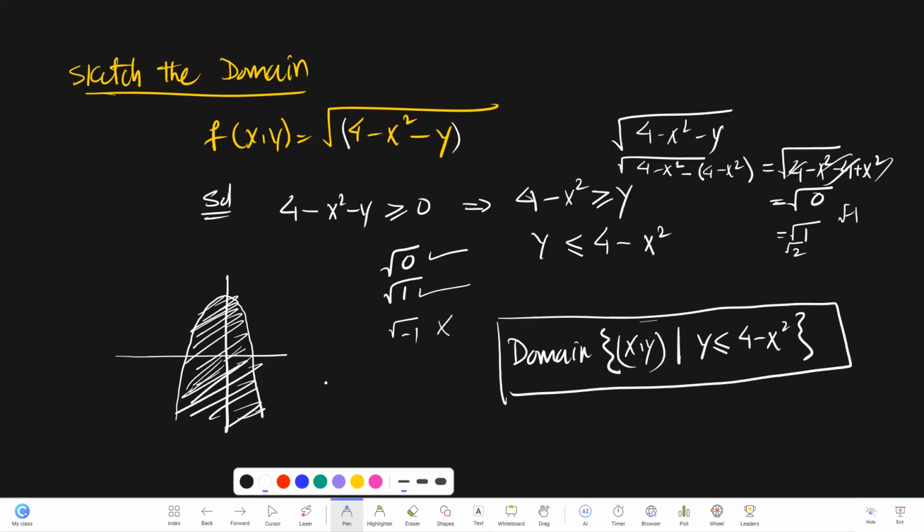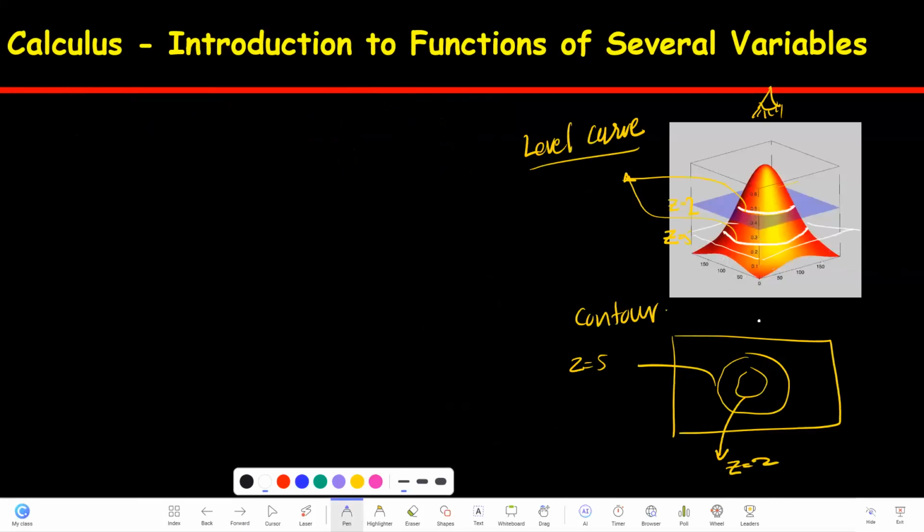Let's talk about level curves. If I go back to this phenomenon, I told you a level curve is basically where you're cutting, and these level curves and contours are along the z-axis in different directions.